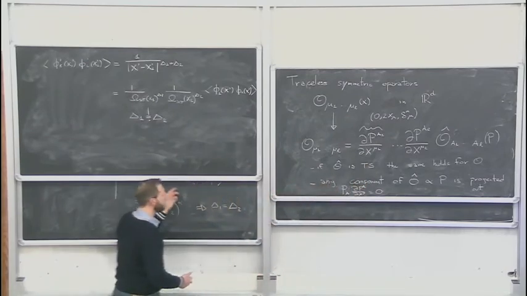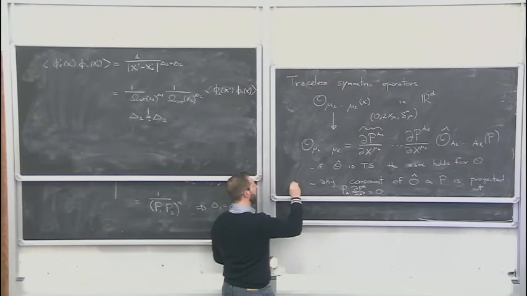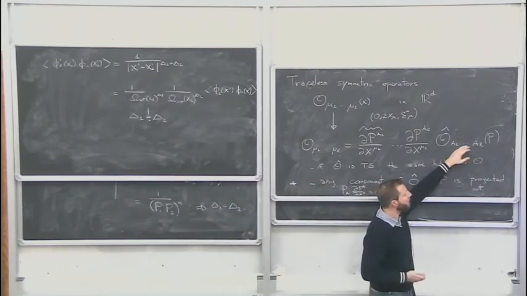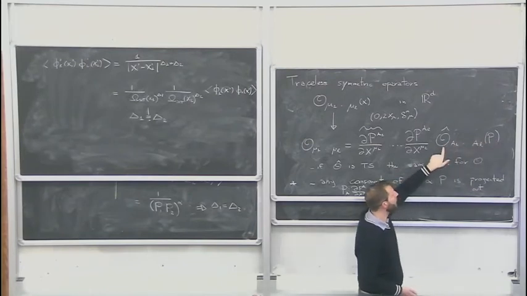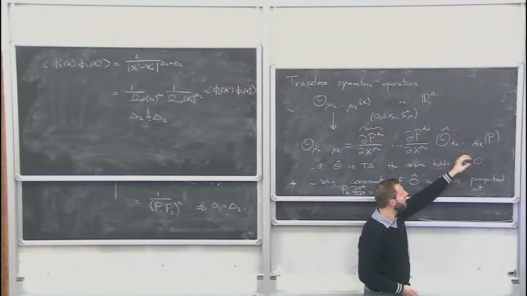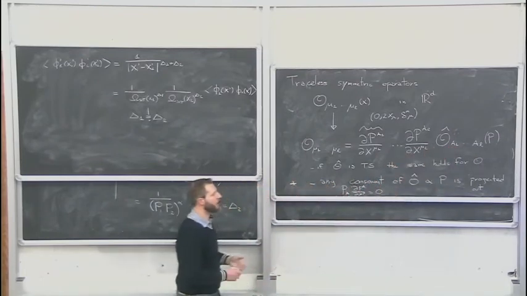And notice that because of this second observation, we have a sort of gauge freedom in choosing O hat. We can always subtract longitudinal components, and the result will just be projected out.